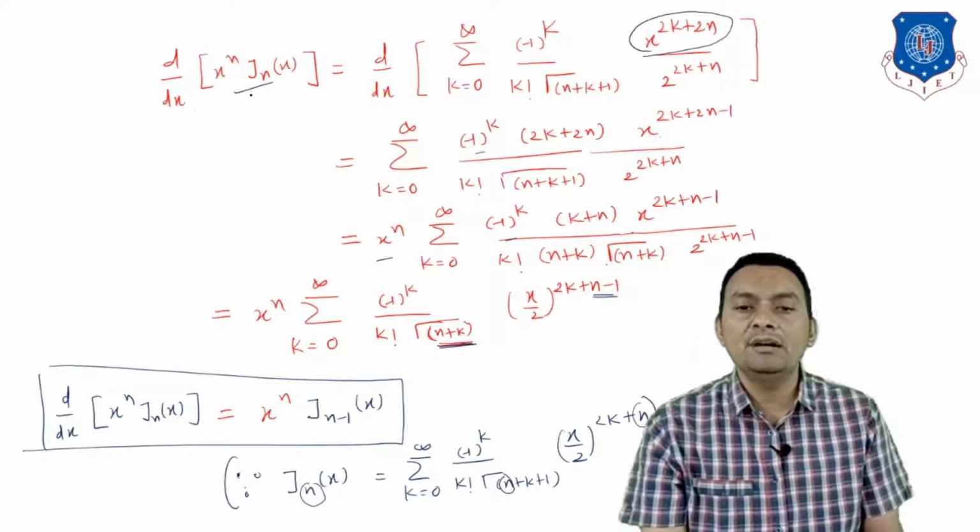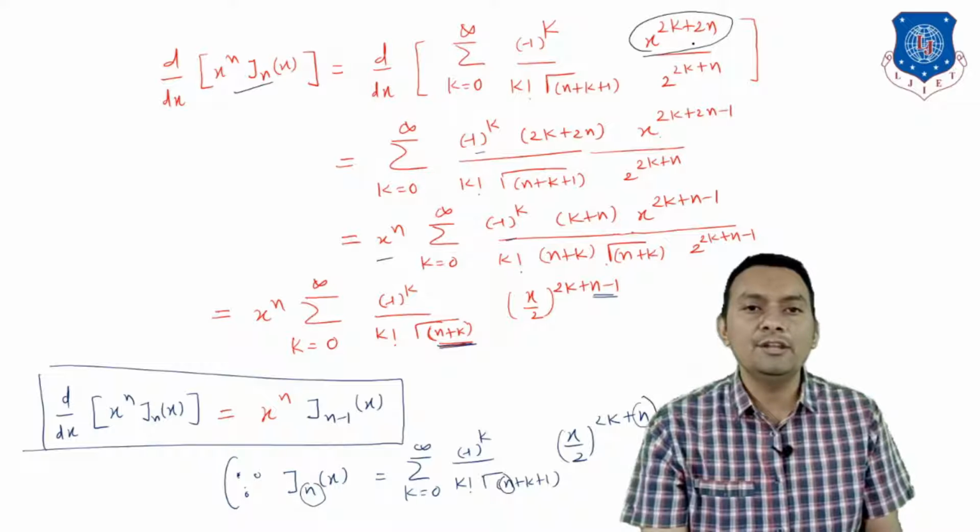Applying the derivative d/dx on both sides of x^n Jn(x), we take the derivative of this function, so we will have (2k+2n) times x^(2k+2n-1). Just take 2 common, and in the denominator we will have the minus 1, and so we will have k+n.